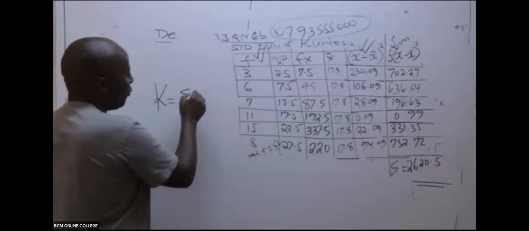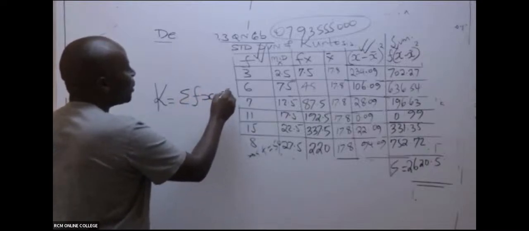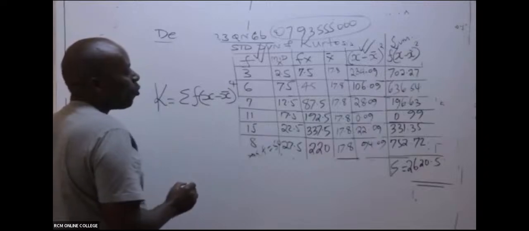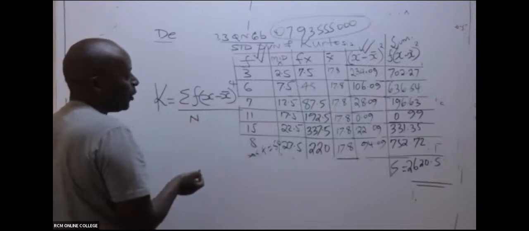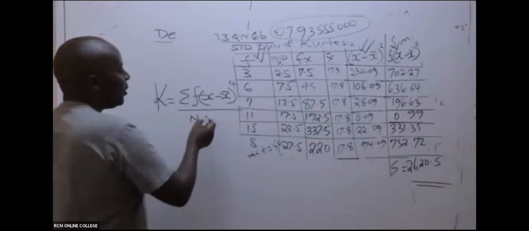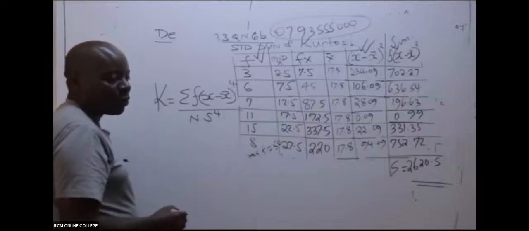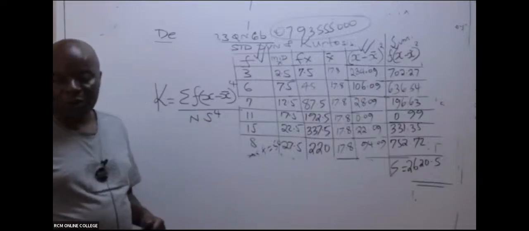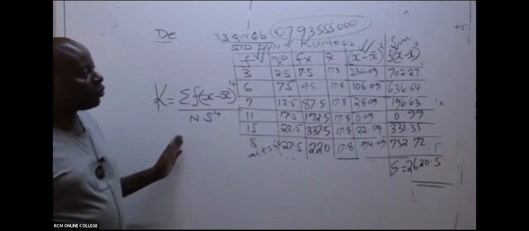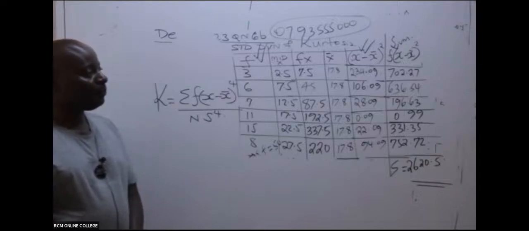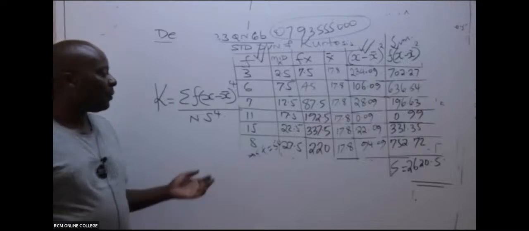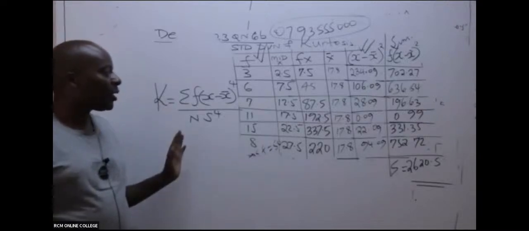It will be the summation of frequencies times x minus x bar, but this time raised to 4, divided by n, the 50 students, times standard deviation raised to 4. This is a very important formula. It doesn't have a square root anywhere.